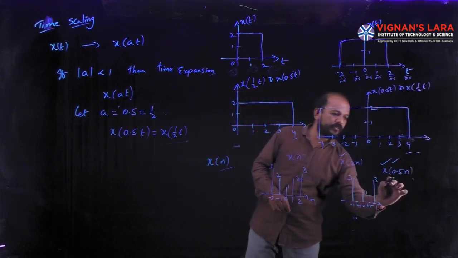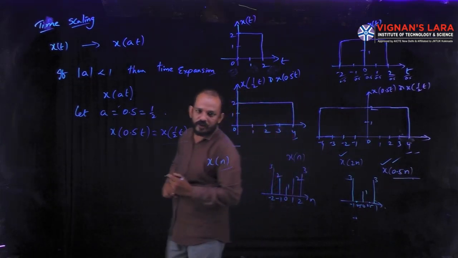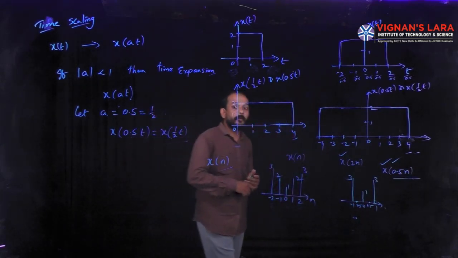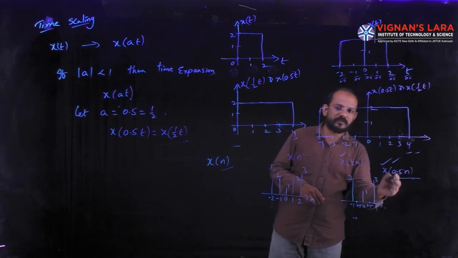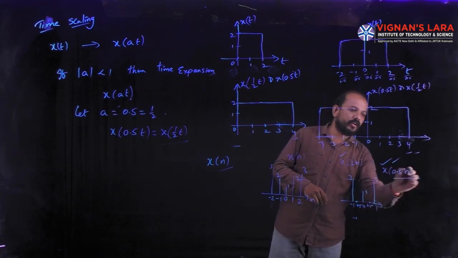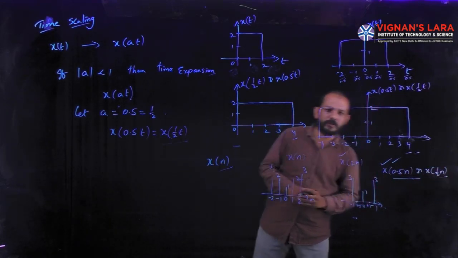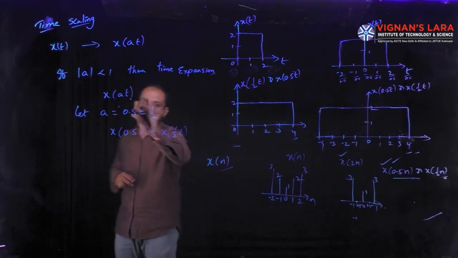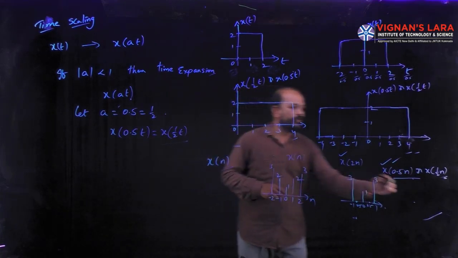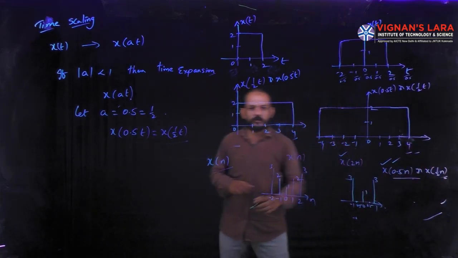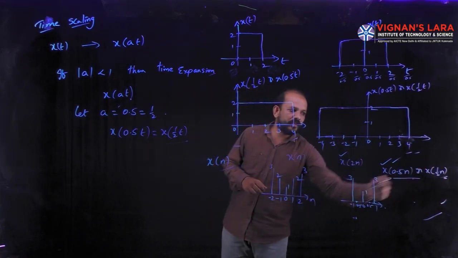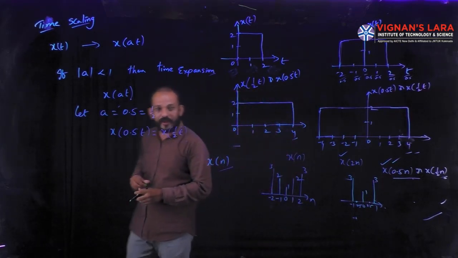In the same way, you have to draw the waveform for x of 0.5n, or x of 1 by 2n. So clearly understand the concept, then it is very easy to draw the waveform. So we can easily draw the waveform for x of 0.5n.